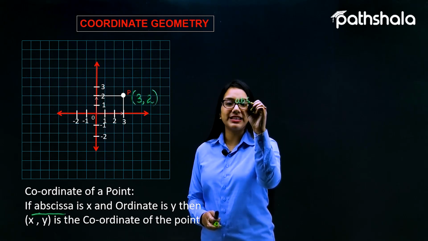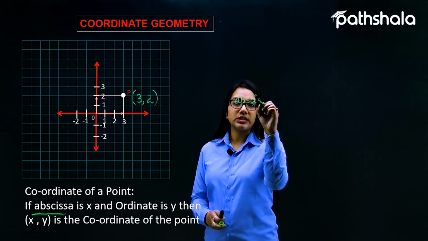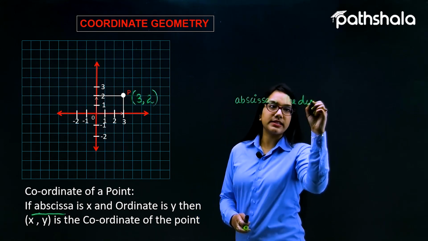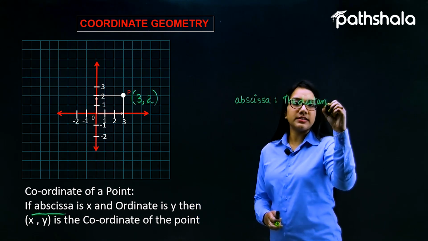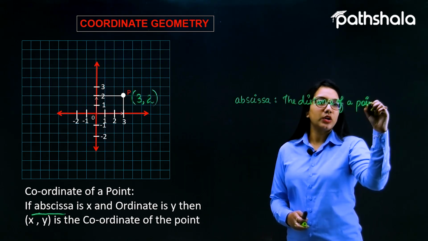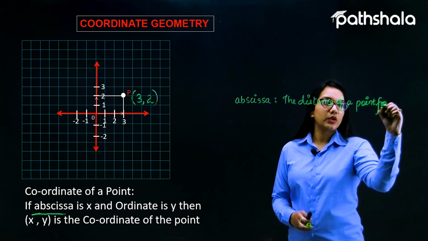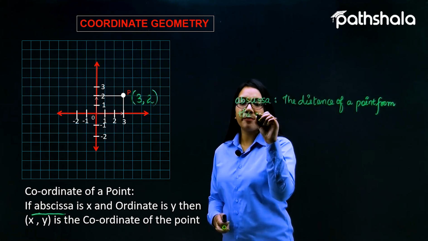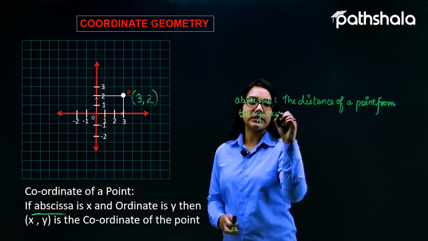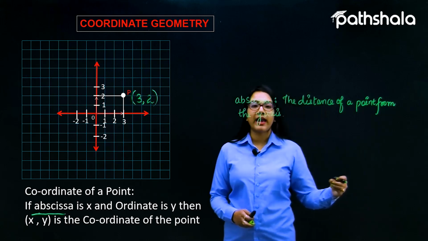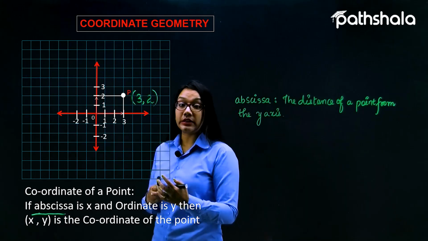Abscissa is actually the distance of a point from the y-axis.